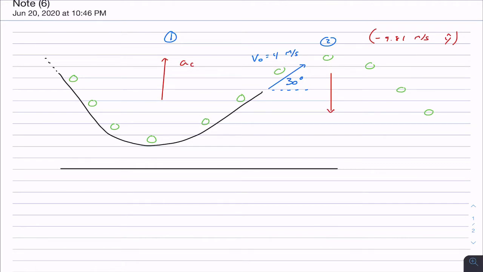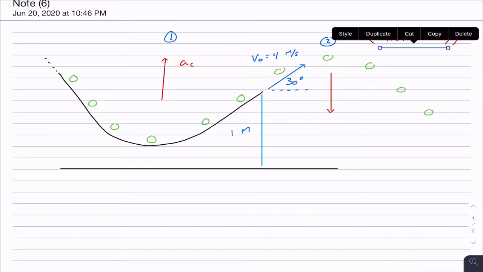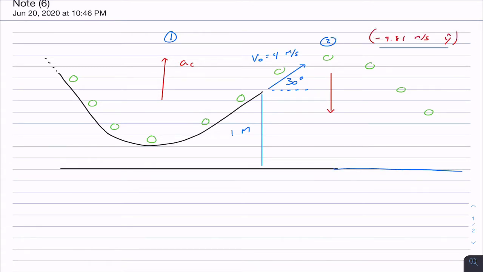We are told that this distance is 1 meter. Okay, we know what the acceleration is once it leaves the track. Let's see, what else? It wants us to determine the value of x over here when it hits the floor. This is going to be your range. Well, let's just call it x.